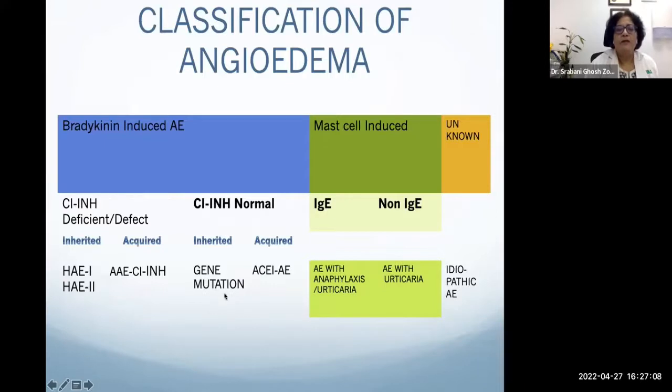Usually this type of angioedema is seen in pregnant patients or in patients who are on oral contraceptives. Hereditary angioedema, the inherited variety, can be type 1 or 2 depending on the deficient or defective enzymes. And the acquired kind can be because of some lymphoproliferative disorder or some autoimmune disease, giving this acquired kind of C1 inhibitor defect. And of course, mast cell mediated can be Ig mediated or non-Ig mediated, and there is a small portion of idiopathic angioedema.